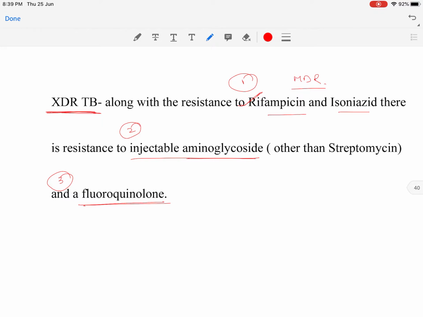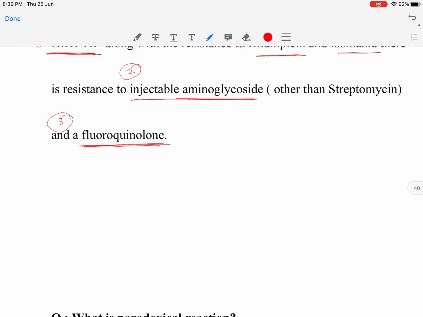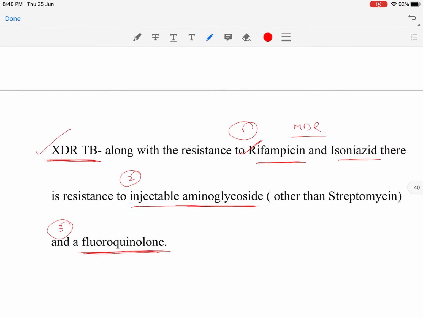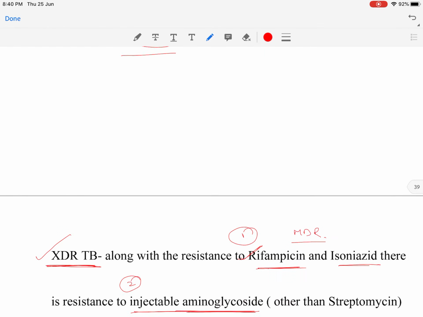So it covers three points: rifampicin and isoniazid, injectable aminoglycoside, and fluoroquinolone. In these cases, it is known as XDR-TB.